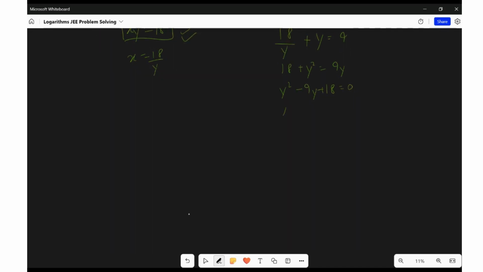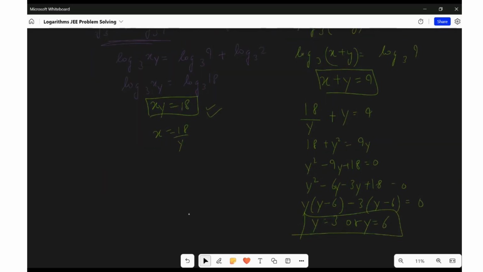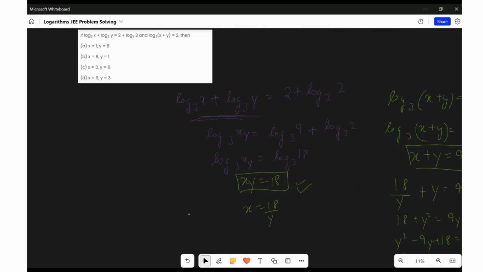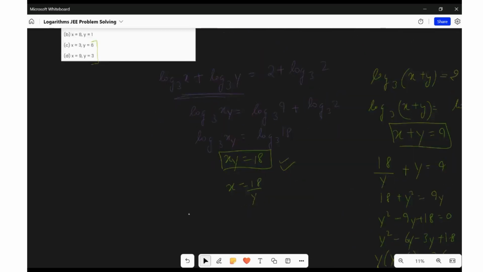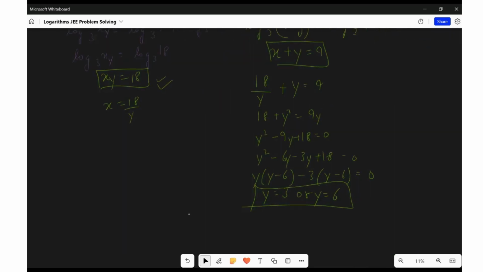So by solving it, our answer comes out to be, let's see, y times y minus 6 minus 3 times y minus 6. So y is either 3 or 6. So let's see what values we get for x if we put them in this equation.